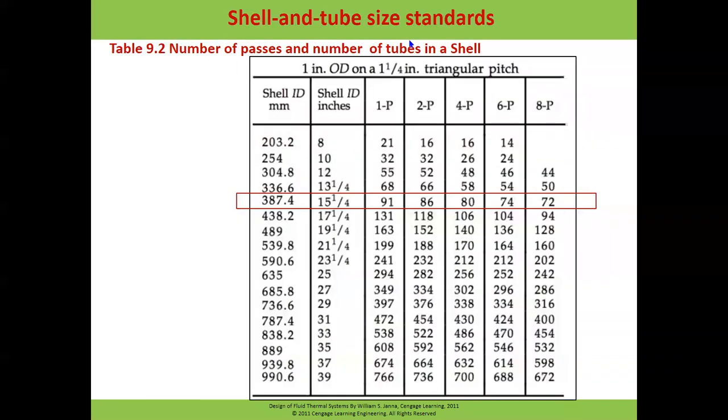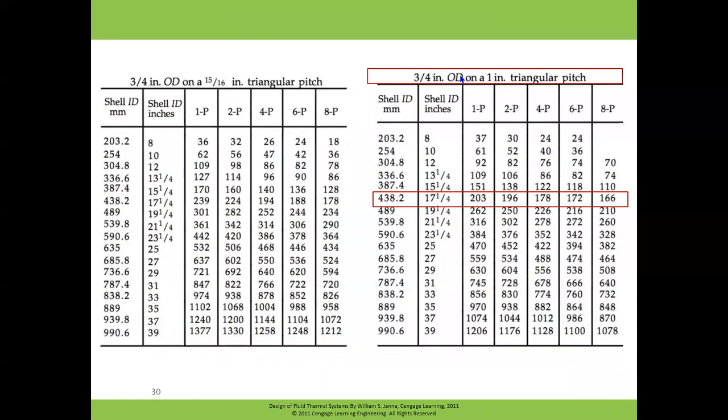At the top of these tables, what is given is the outer diameter of the tube, 1 inch, the pitch of the tube, 1 1/4 inch, and the triangular distribution. So there are 3 things given: outer diameter of the tube, pitch of the tube, and its distribution. These are given in 5 different tables.